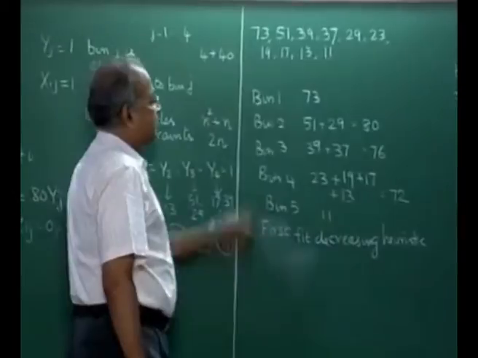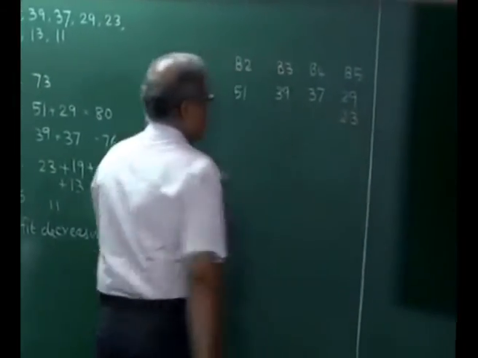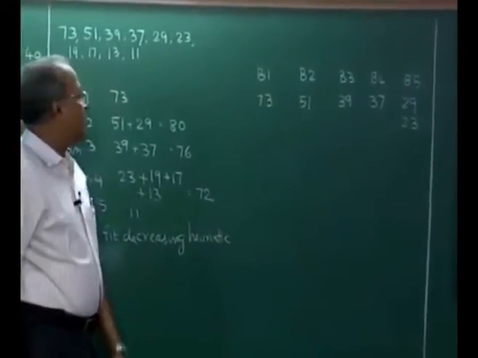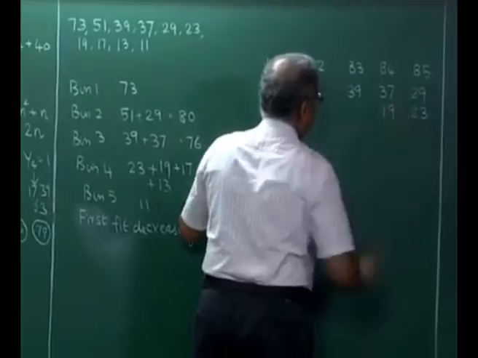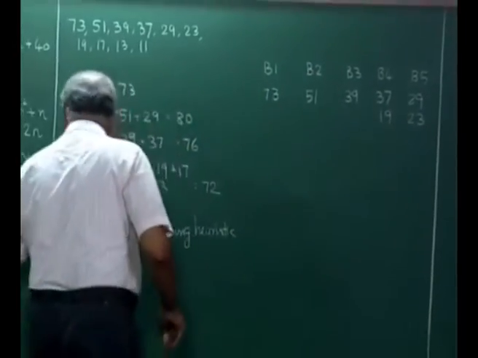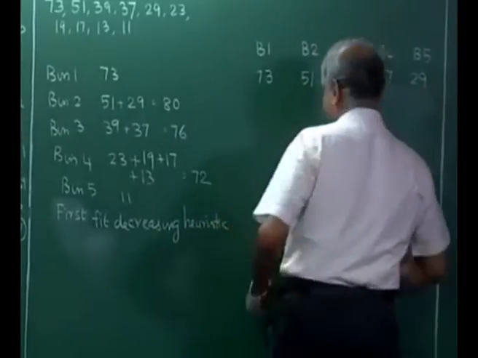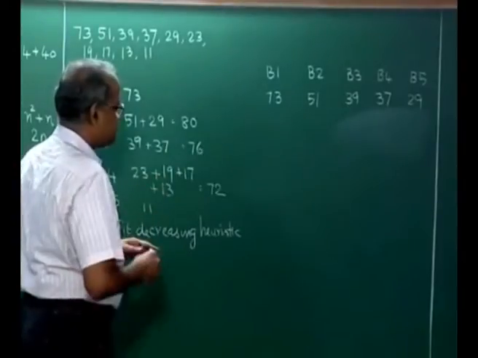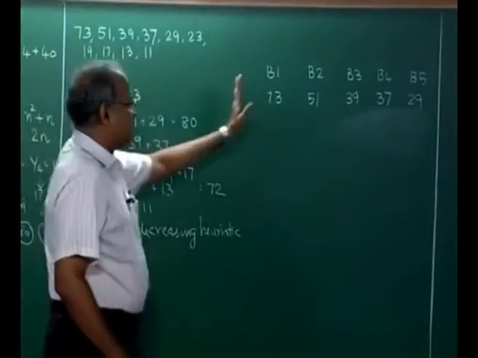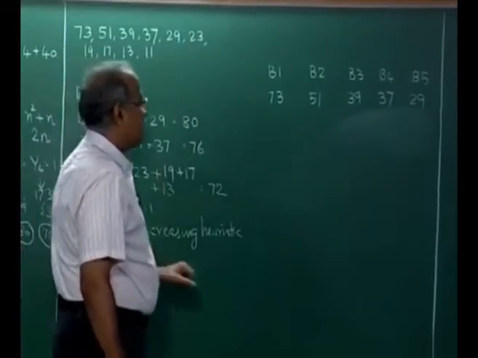And then the next one we can put a 23, so it will come here. So 29 plus 23 is 52. Now 19 will come here, because if we see where we assign, for example here, now at this point the first 5 go to the first 5 bins, the sixth one is 23.